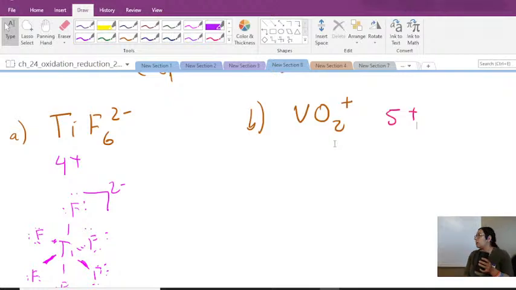You wouldn't add like a hydrogen. So we're just missing an electron then?